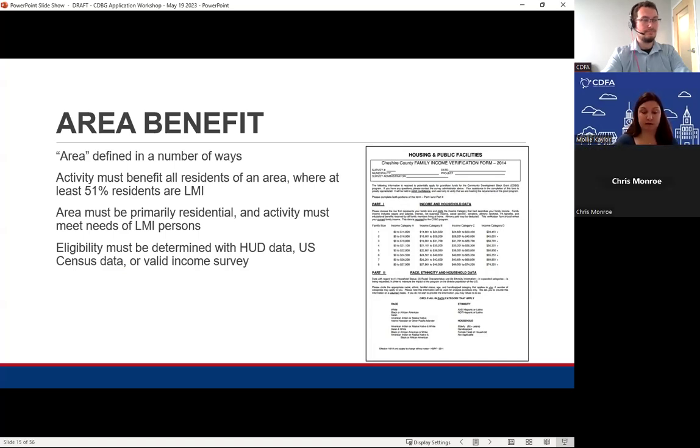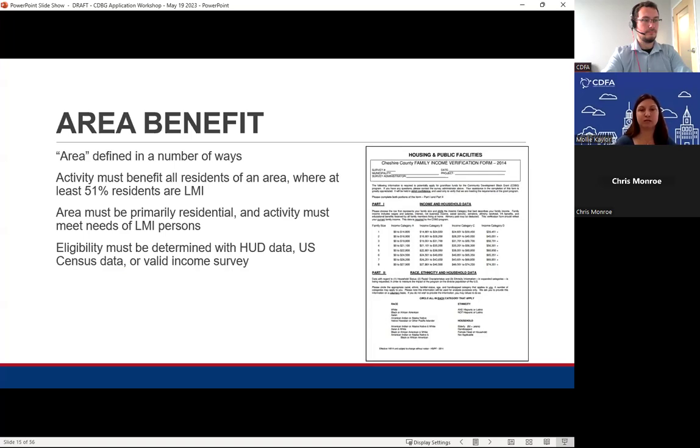And then the 4th condition is that the applicant must conduct an income survey, or use US Census data if it actually aligns perfectly with the project area, to establish the percentage of LMI beneficiaries. And the survey must be statistically valid, so you also need to provide the methodology on how you conducted that survey. So these are the 4 different conditions that make it possible to use area benefit.